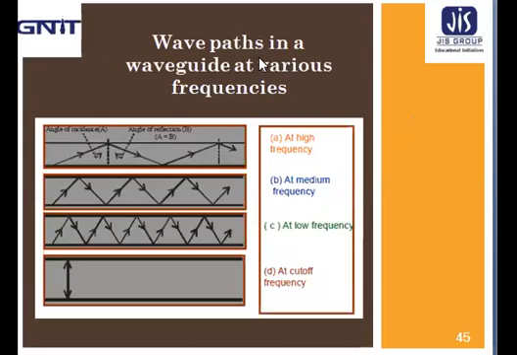Now, in this figure, the wave paths in a waveguide at various frequencies are shown. When a probe launches energy into the waveguide, the electromagnetic fields bounce off the side walls of the waveguide, as shown in this diagram.